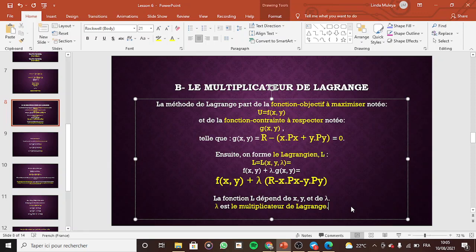So that gives you U is equal to F of X and Y. The second part is the budgetary constraint function, la fonction contrainte à respecter. To respect this function means you have to stay within the budget that you have. This function is broken down into R minus R: R minus X times price of X plus Y times price of Y. And since it's R minus R, it gives you 0, which is here.